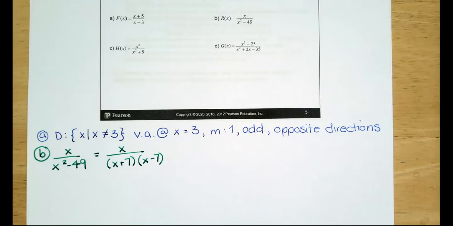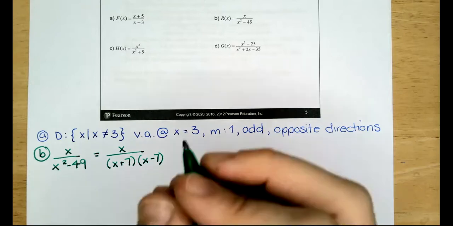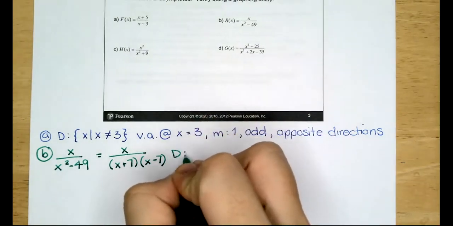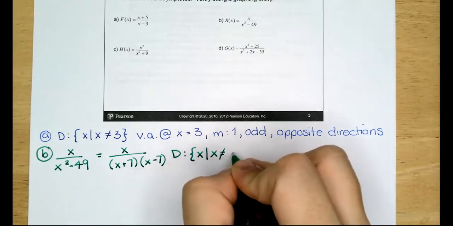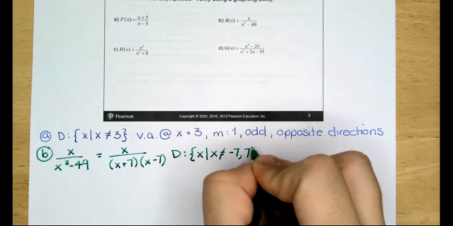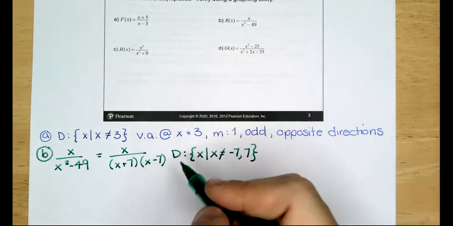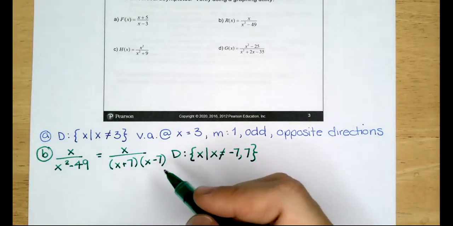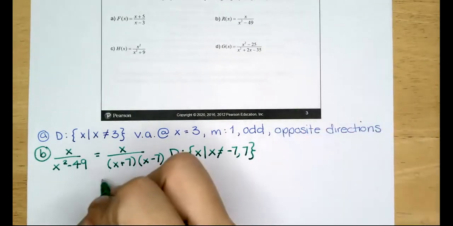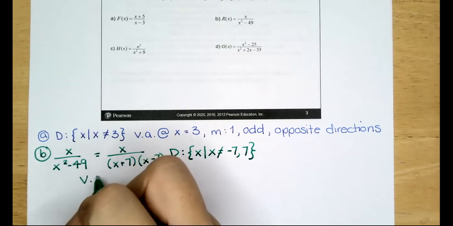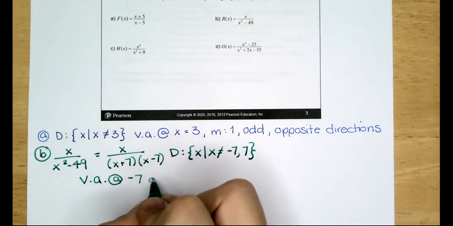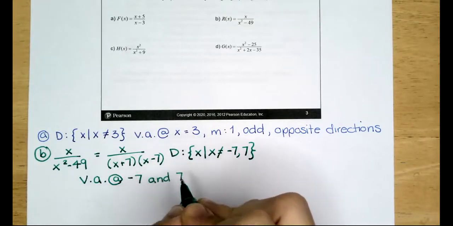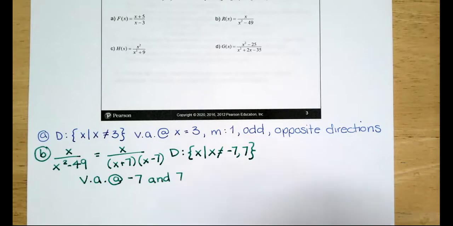So this is factored into a sum and a difference so that we can exclude two things from the domain, right? So now the domain is x such that x cannot be -7 or +7, right? Those would both set this equal to 0. So our vertical asymptote is at -7 and another one is at 7. They are both odd.